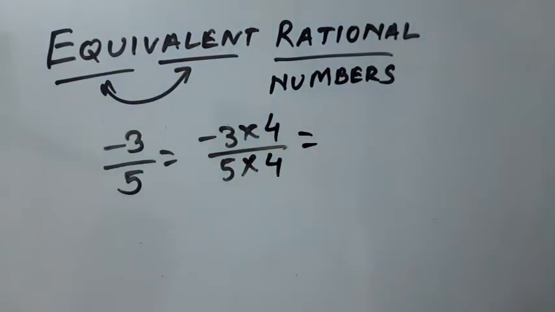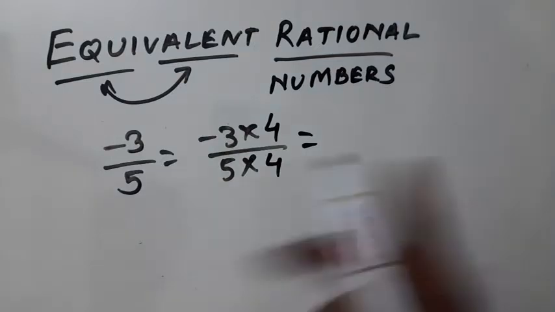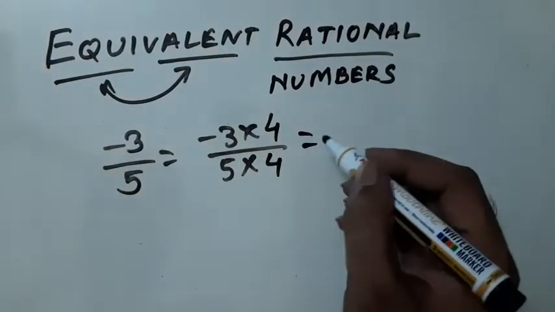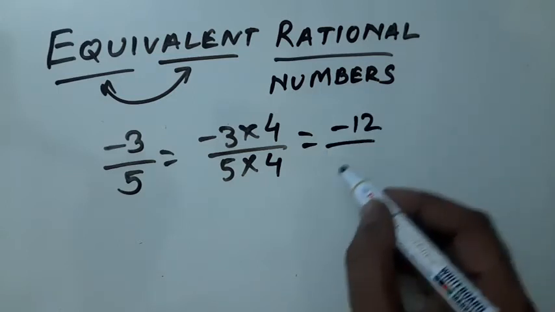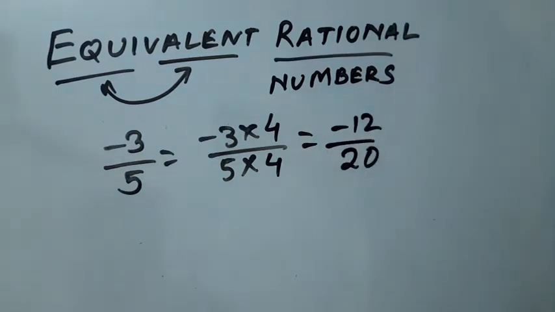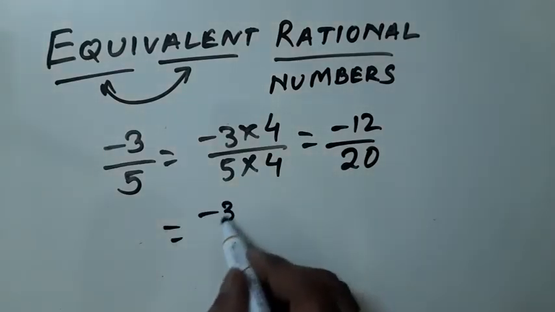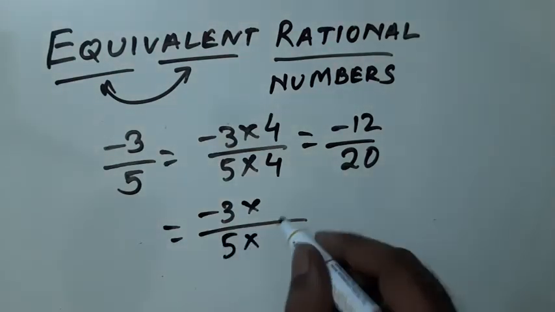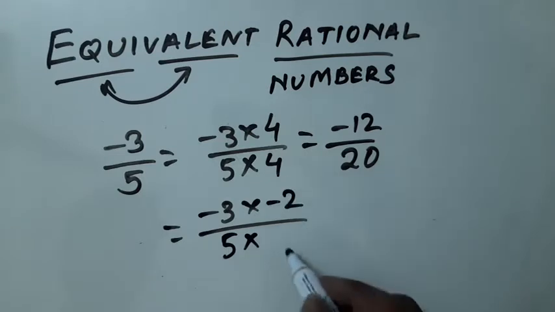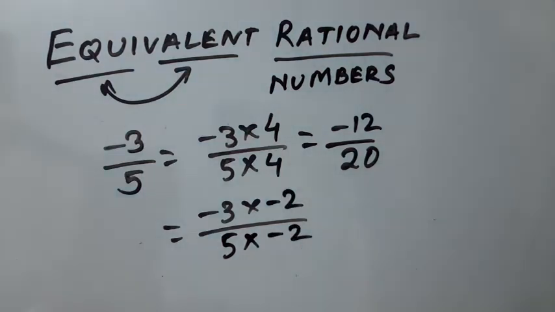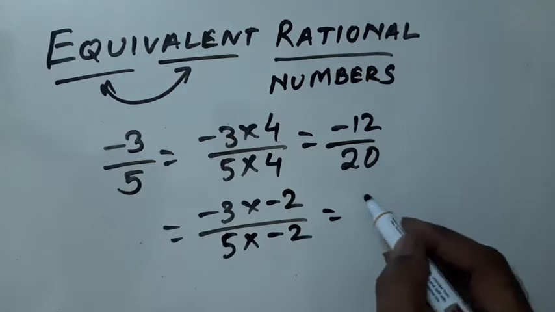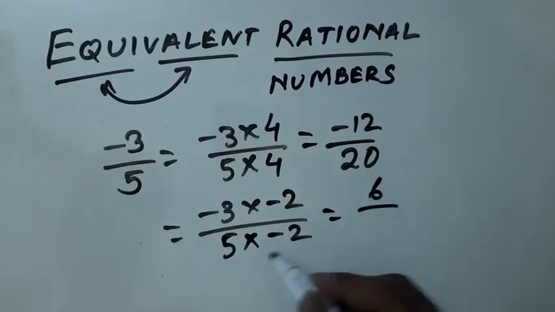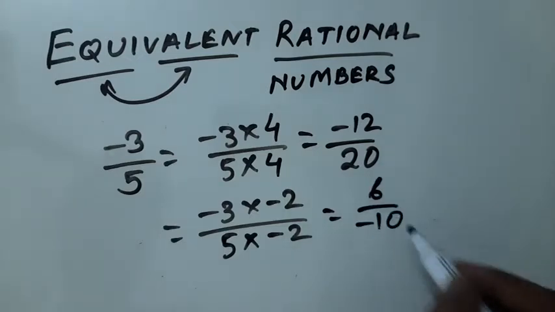So minus 3 into 4 we get minus 12, and 5 fours are 20. As I said, we can multiply by any non-zero integer, so let us multiply with a negative number, minus 2. We get minus 3 into minus 2 is 6, 5 into minus 2 is minus 10.